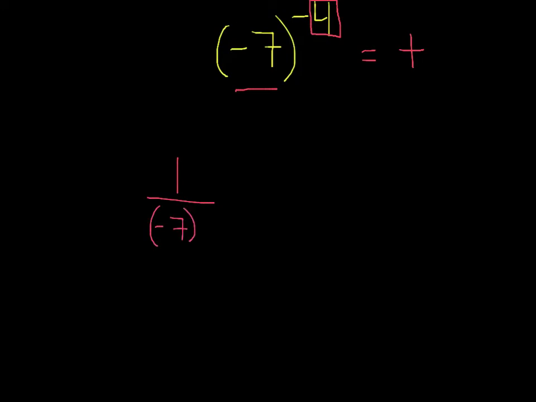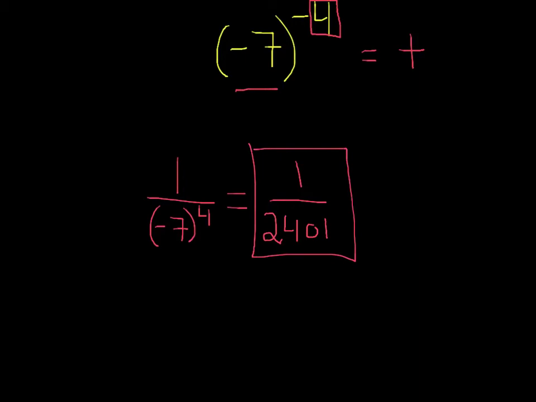Change your exponent to a positive 4. And now evaluate 7 to the 4th power. 1 over 2,401. And remember, it's positive because of the even exponent.